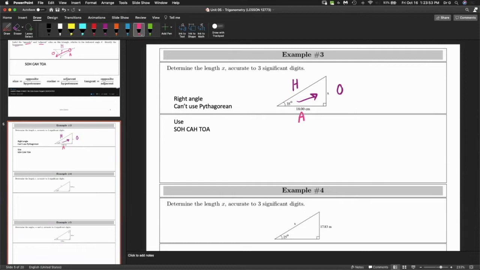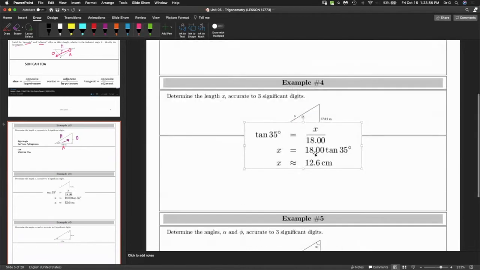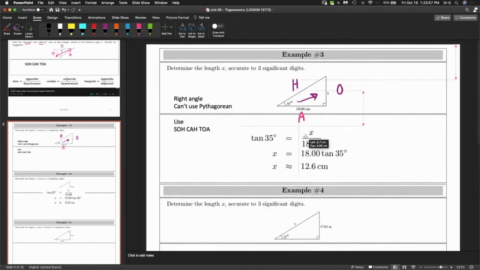Okay, so let's write down the appropriate ratio. So ahead of the game there, the question is, which ratio do you use? Well, when you look here, we don't care about the hypotenuse. So we need to think about the ratio that involves O and A. So the ratio that involves O and A is this one.